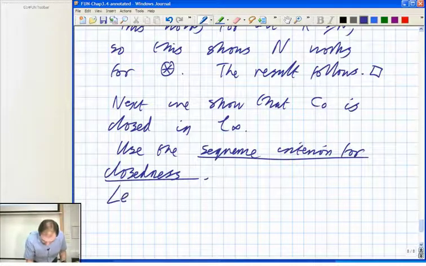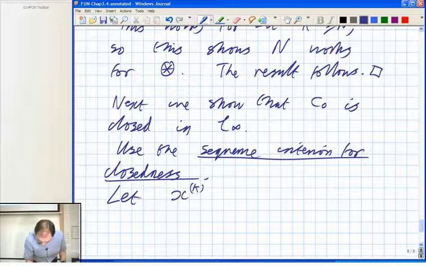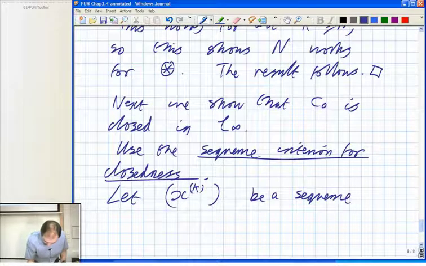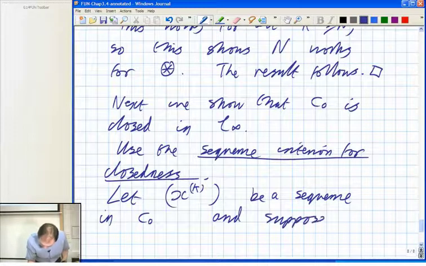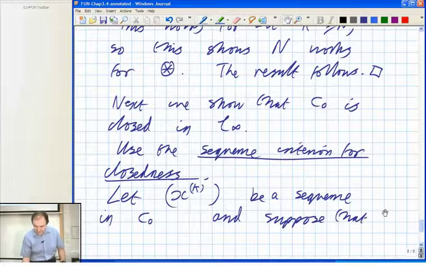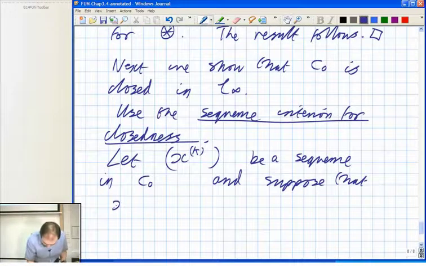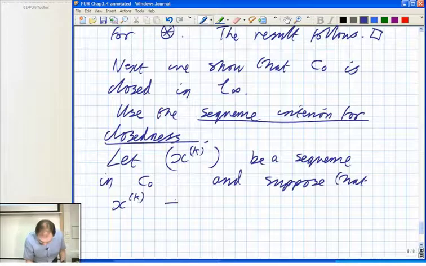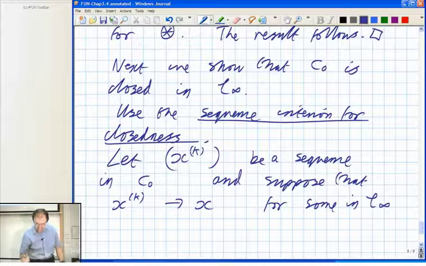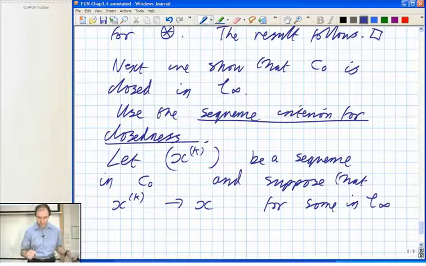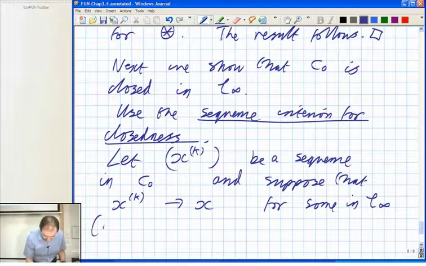Okay, so let x_k be a sequence in c0, and suppose that this sequence of sequences tends to x for some x in ℓ^∞, and this is with the notation as above.